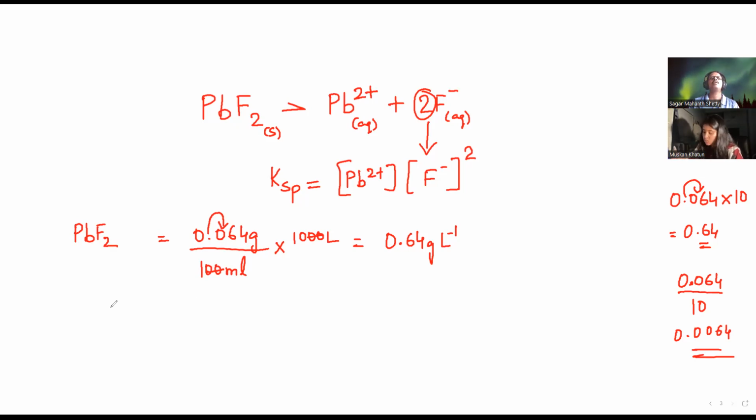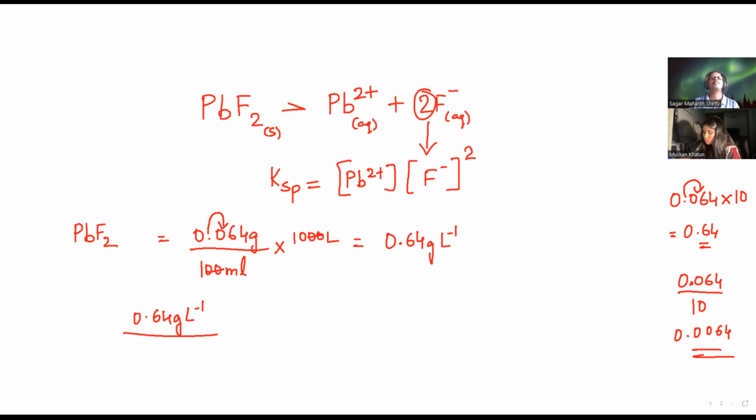So that would now be 0.064 upon, that is grams per liter. What is the answer that we got here? 0.64. This is the answer that we got.